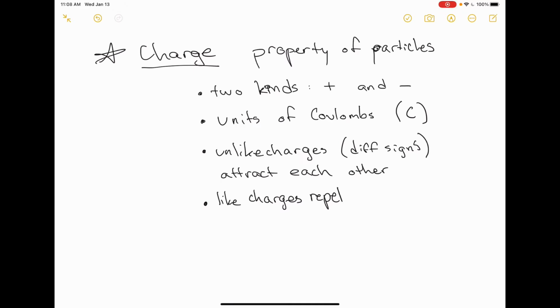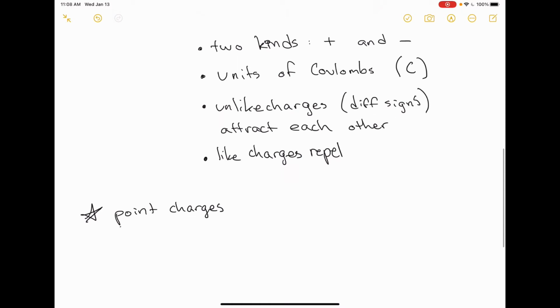In this class, we're going to talk about point charges a lot. What we mean by a point charge is that it is an object that has charge, might represent a particle or something, that has approximately 0 size physically. We often use the word infinitesimal for that, which means so small that its physical size doesn't matter, and it has charge.